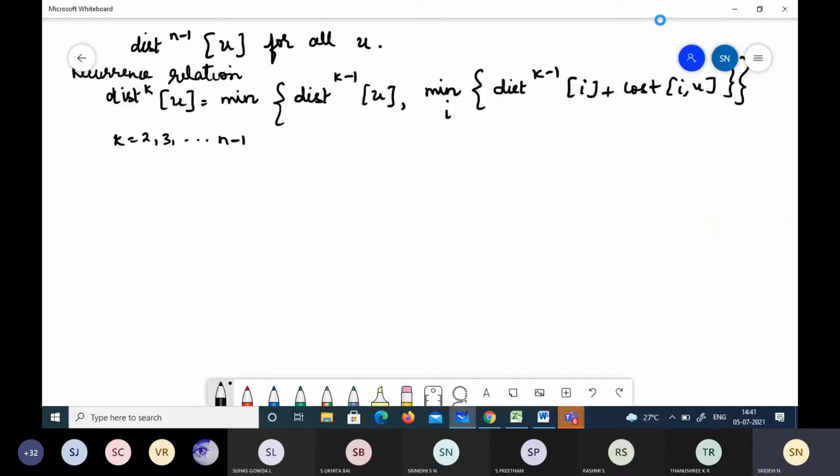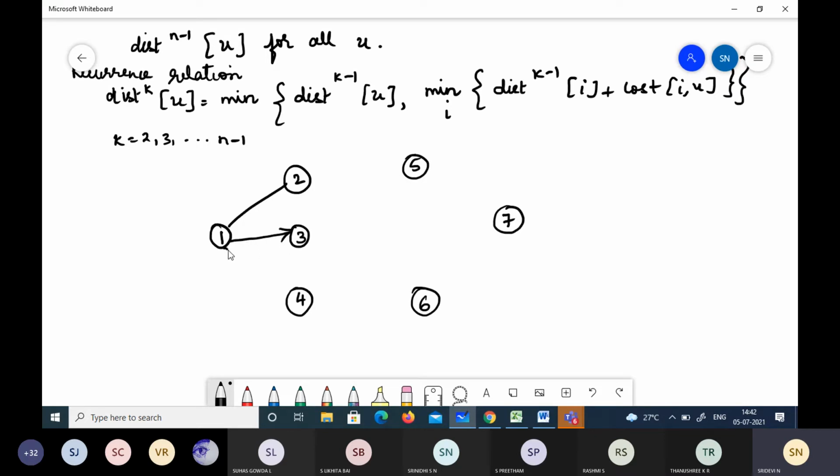We'll write down the graph for which we have to find the shortest path. So we have vertices 1, 2, 3, 4, 5, 6 and 7. We have an edge from 1 to 3, and it is a directed graph.